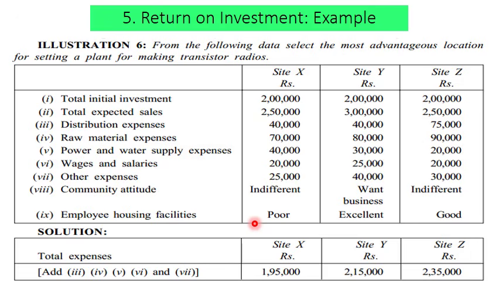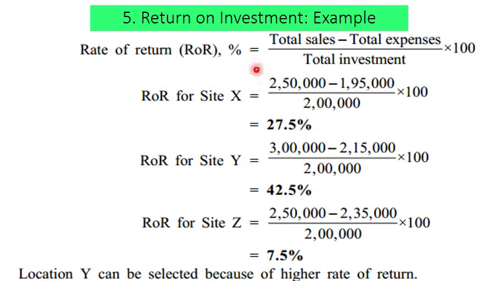And the total expense for X is 195,000, for Site Y is 215,000, and Site Z is 235,000. Let's calculate the return on investment for each location. A rate of return on investment can be calculated by total sale minus total expense divided by total investment, times 100.